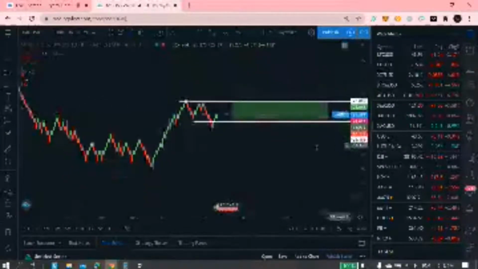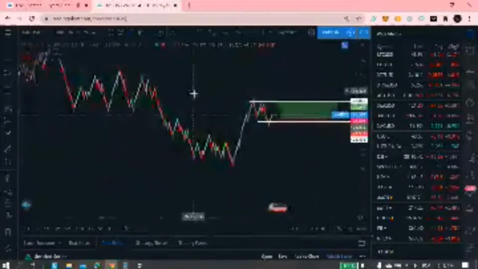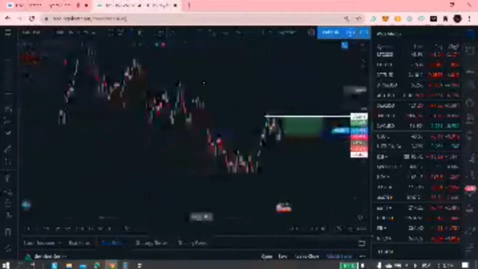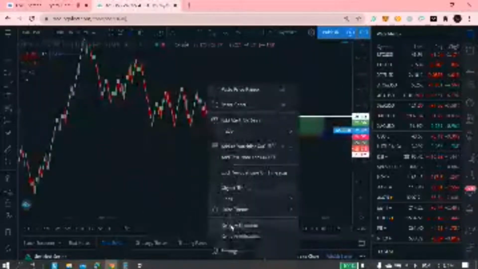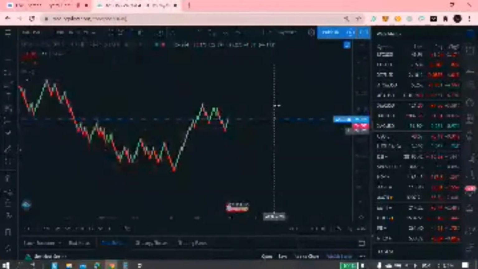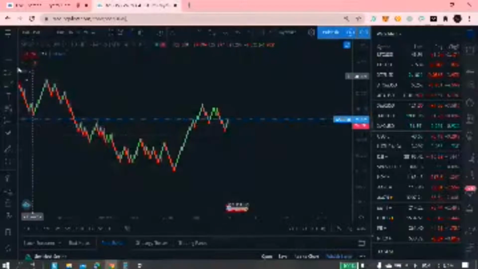Silver. So actually, silver and gold, sometimes it's the same entry. I usually do the same entry for silver and gold. Anyway, if you look at silver, it's also a bullish Renko chart.